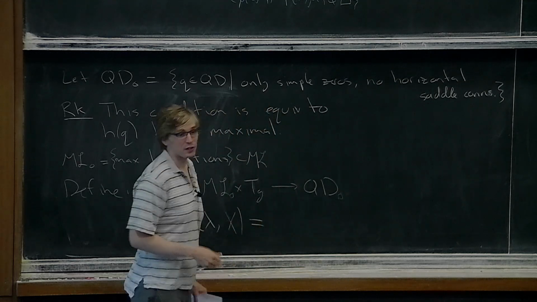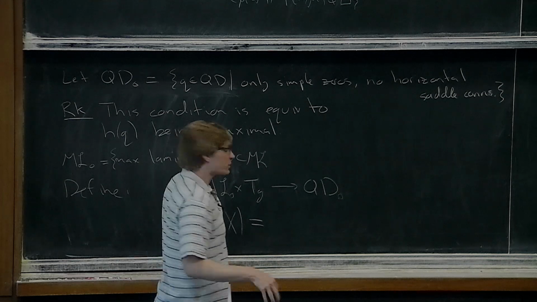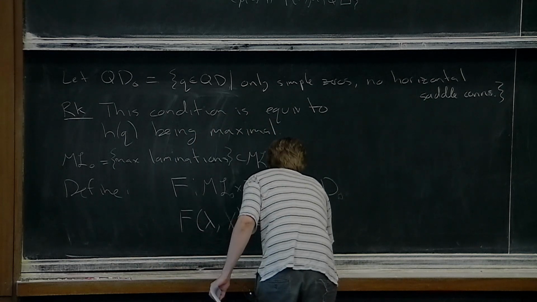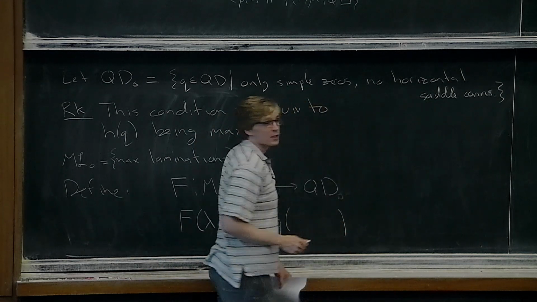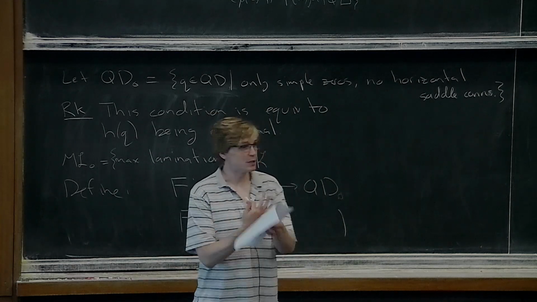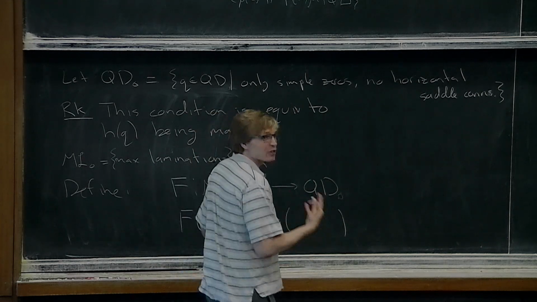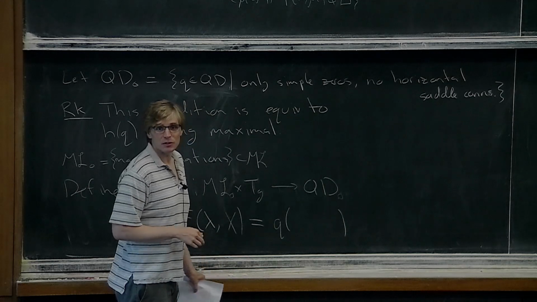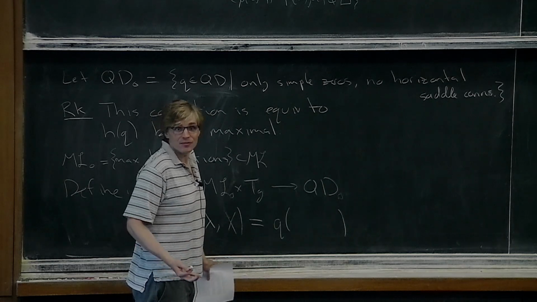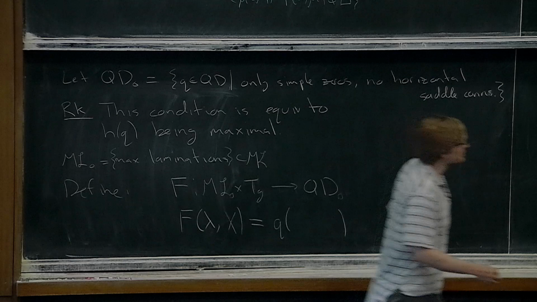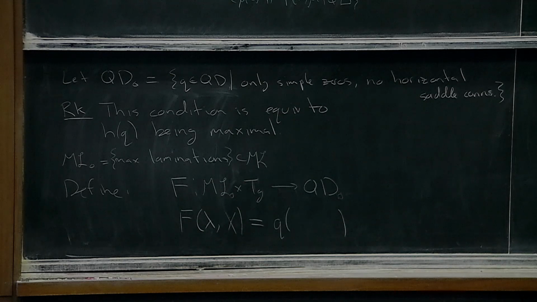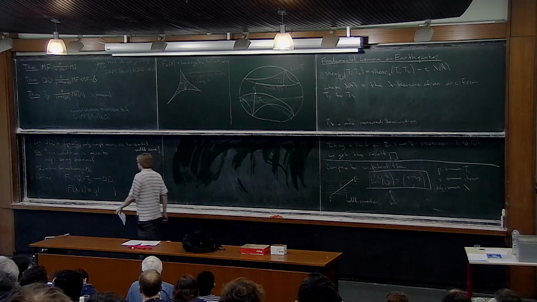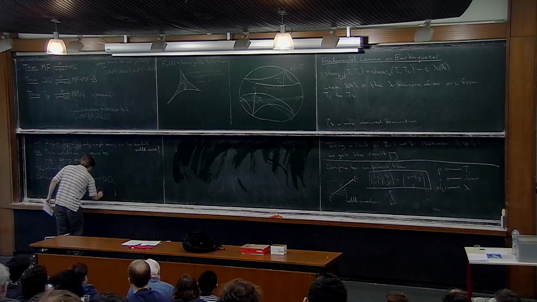And from this, I need to define a quadratic differential. A quadratic differential is defined by two measured foliations that are transverse, or two measured laminations that are transverse. And I bet some of you can already guess what I'm going to do. I already have one, it's lambda. I already sort of hinted that lambda is supposed to correspond to the horizontal foliation. So lambda is going to be the horizontal foliation.